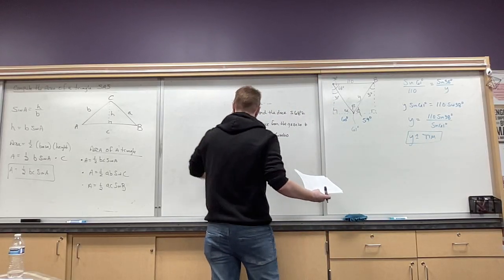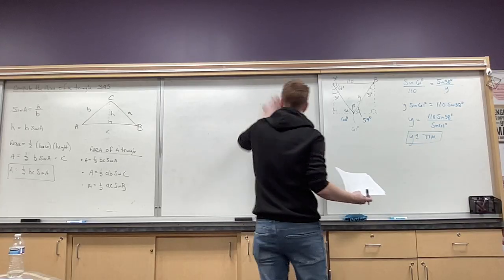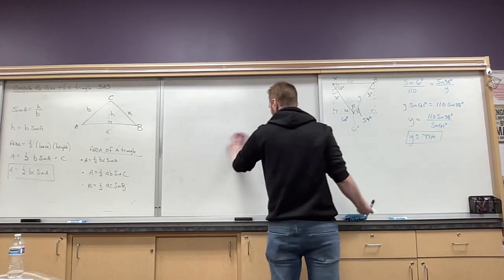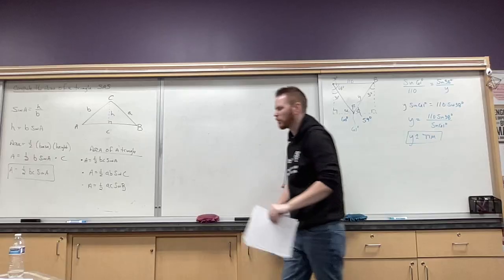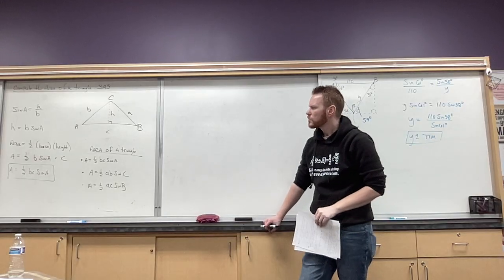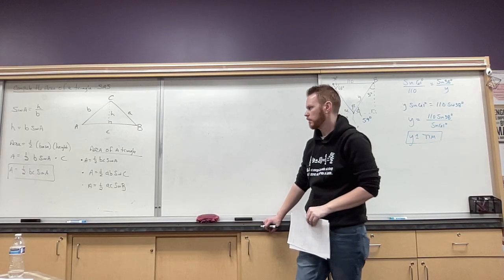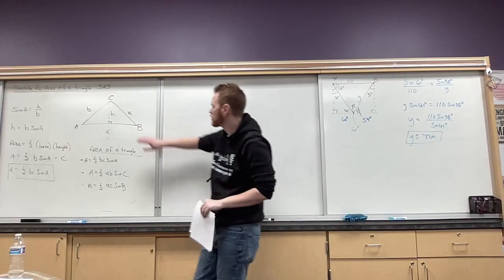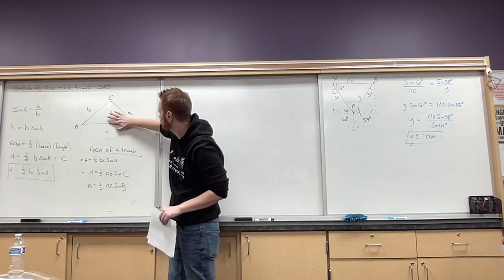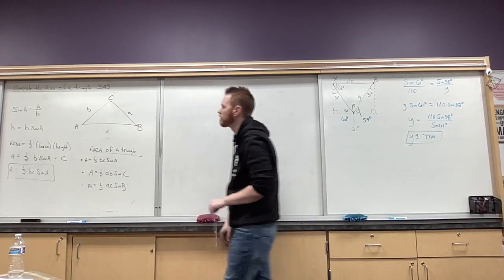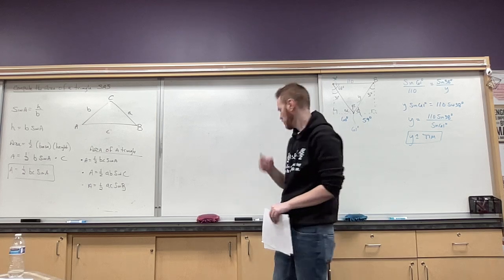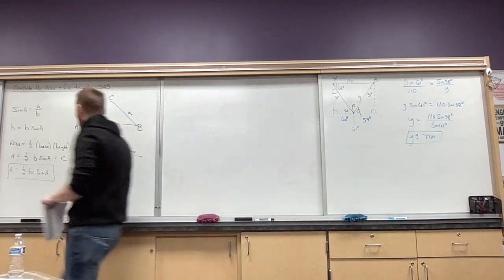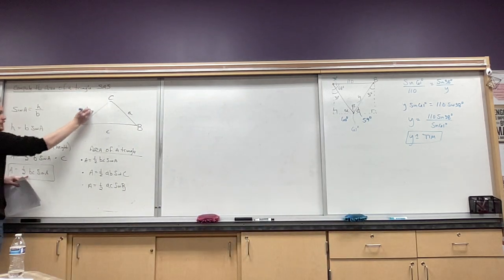Now let me make it very simple to interpret. Because again, there's a lot of variables there, and I don't want you to get bogged down with that. So if I look at the original picture, let me just erase this image. Look at the information we're using. We're using B, which is this guy.